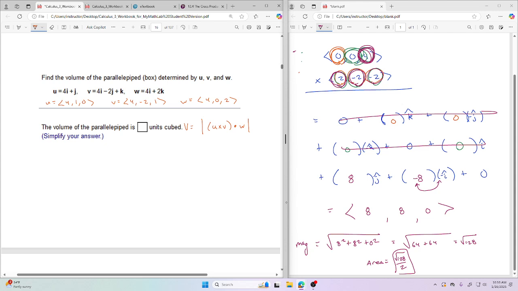The hard part's just going to be that cross product. The rest is. I really wish I could pause the video somehow, but I just don't think it works like that.